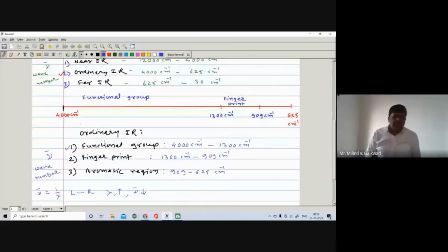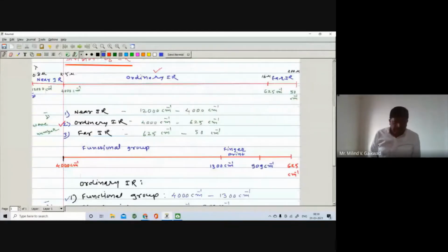We have seen the division of IR. IR is divided into three parts: one is near IR, second is ordinary IR, and third is far IR.